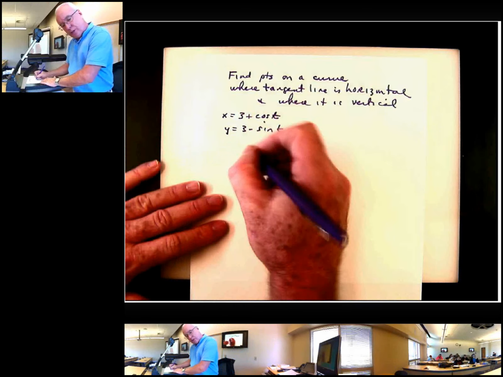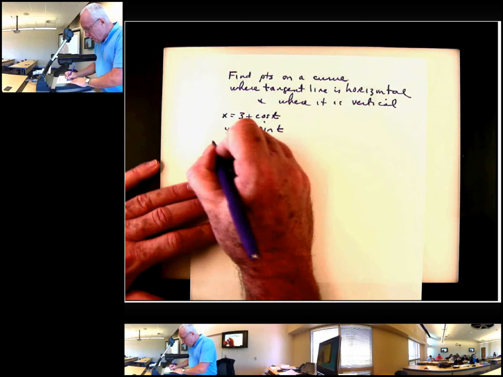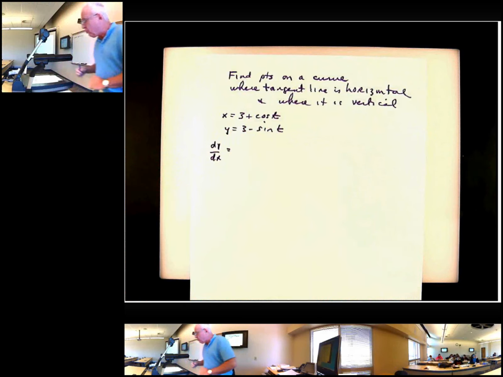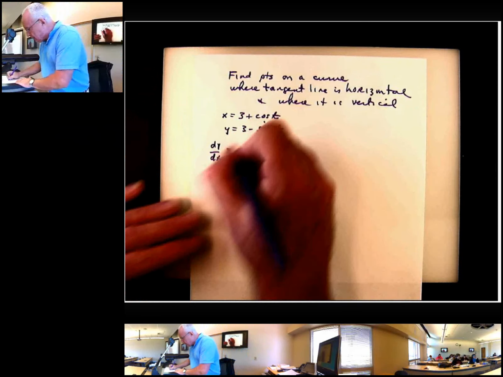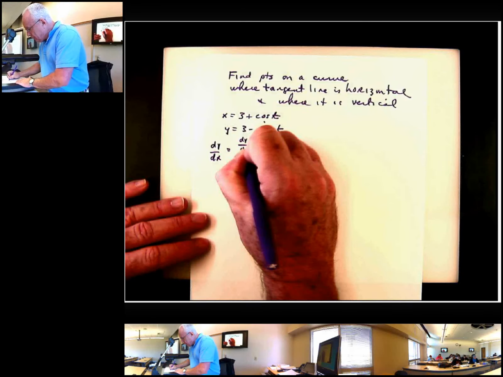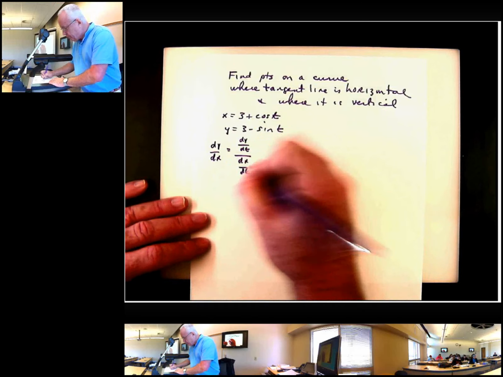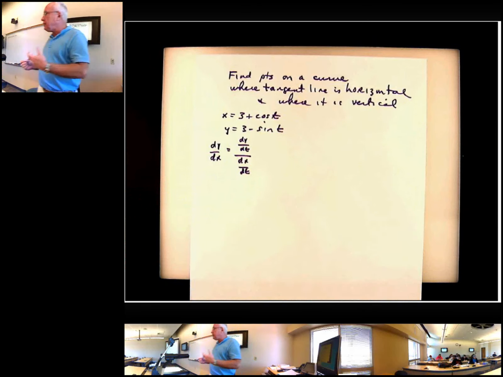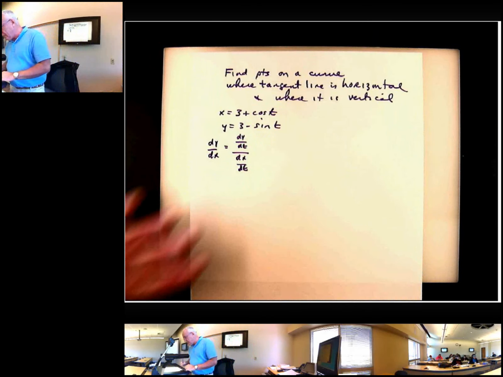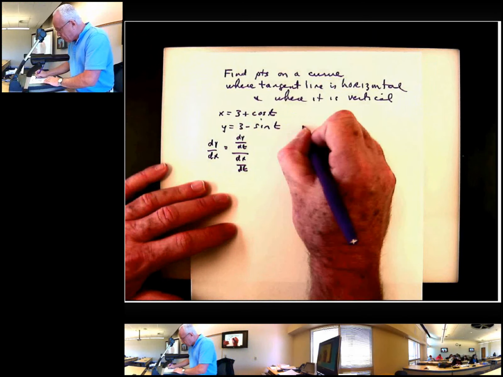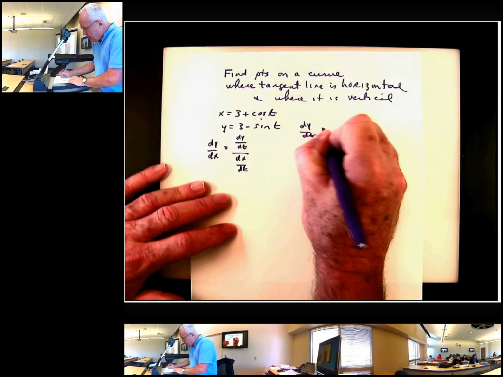It's a parametric curve. So we know this formula, dy/dx, the derivative, is equal to dy/dt over dx/dt. It's basically like we divide the top and bottom by dt. So we need to compute these two derivatives. dy/dt is equal to what?